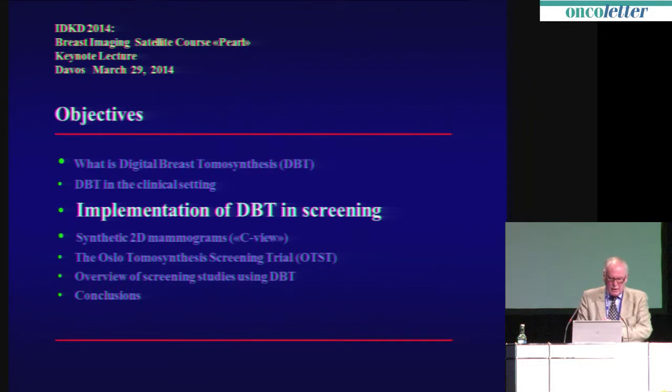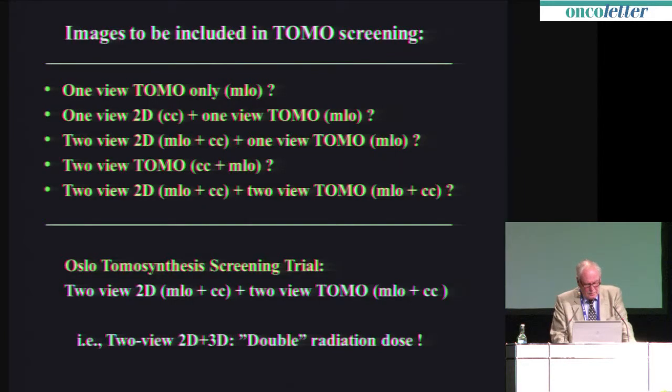So the great challenge, as I see it, is implementation of tomo in a screening setting. That is the great challenge. And one main question that we had for several years is, do we need two-view tomosynthesis? Could you use one tomo view and perhaps conventional FFDM in the other view?